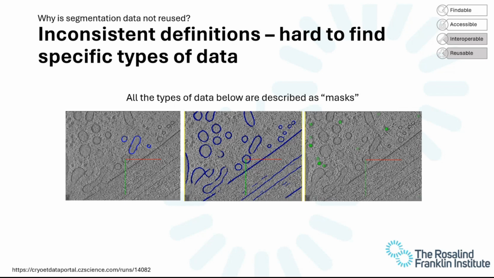But particle picks are actually points placed on the centers of particles that you want to average. So all of these data are described as masks, and they should be described a little bit more clearly.